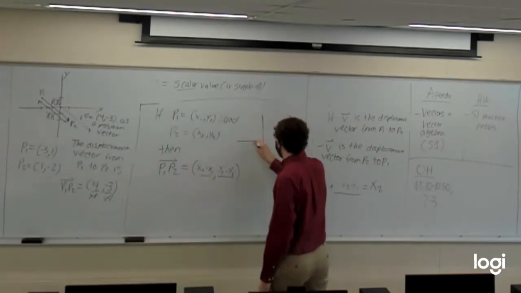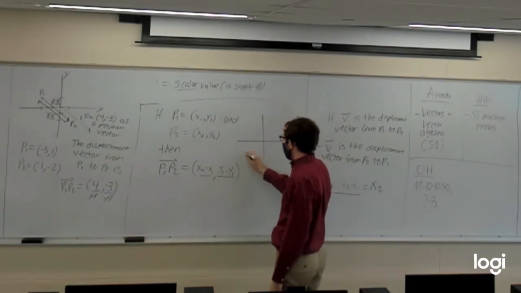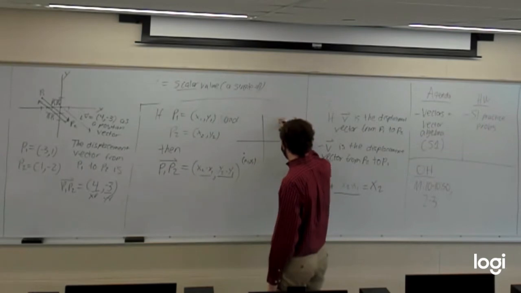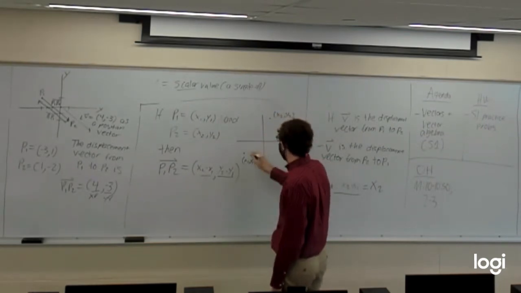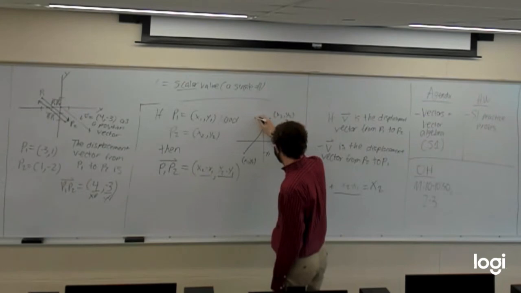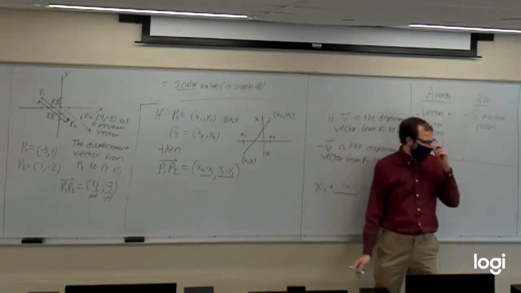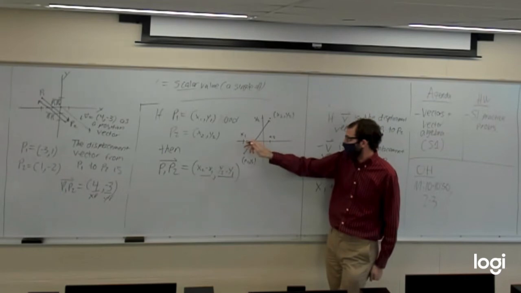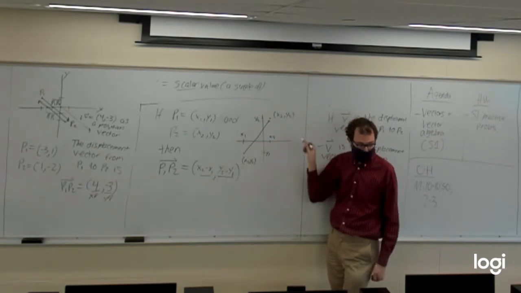Just drawing a picture. This is our point x1, y1, and this is our point, let's say, x2, y2. Here we have a y-coordinate of y1, here a y-coordinate of y2, x1, x2. If we look at the dimensions of this arrow, how far horizontally does it need to point?